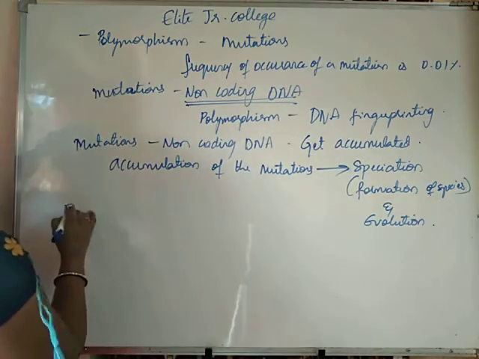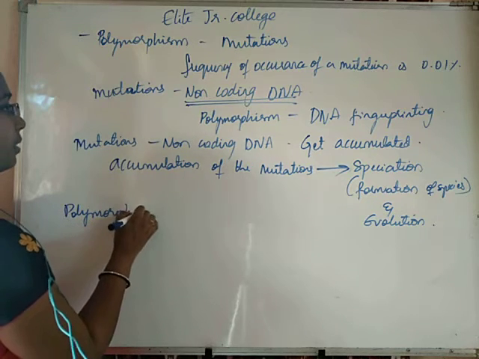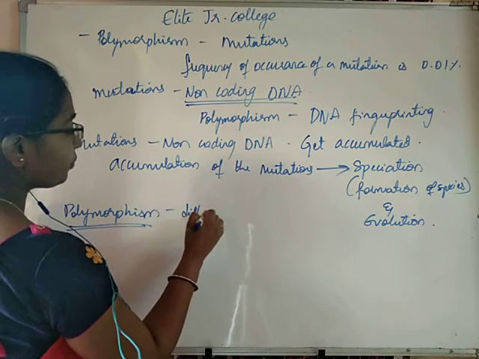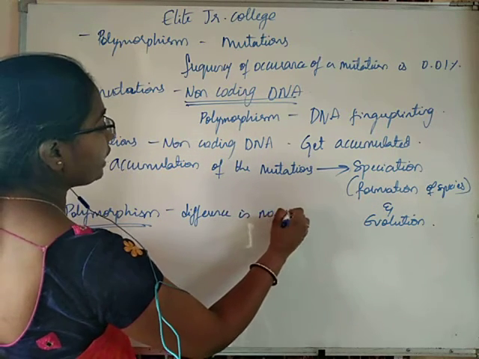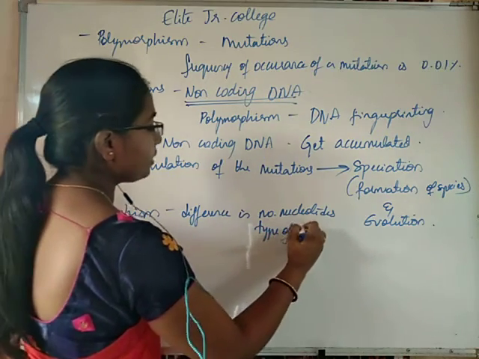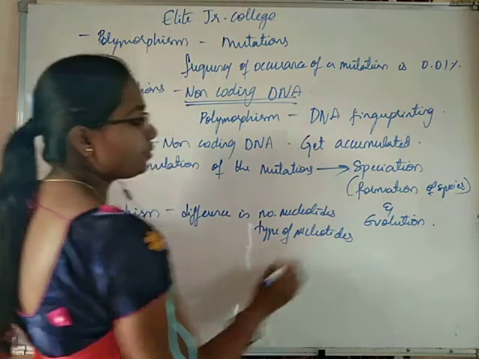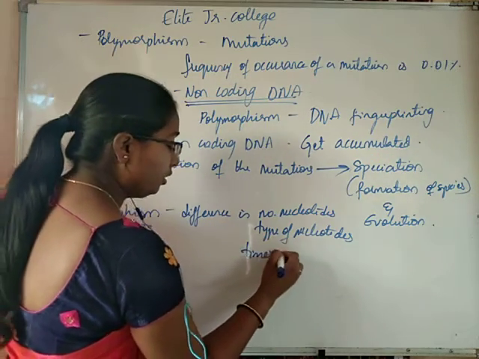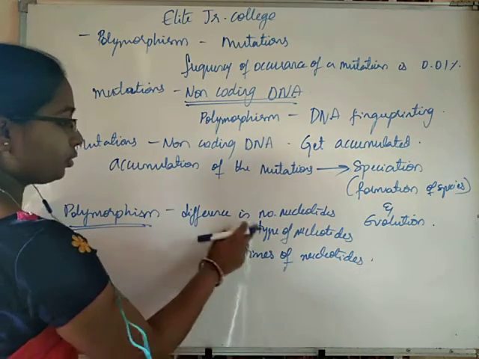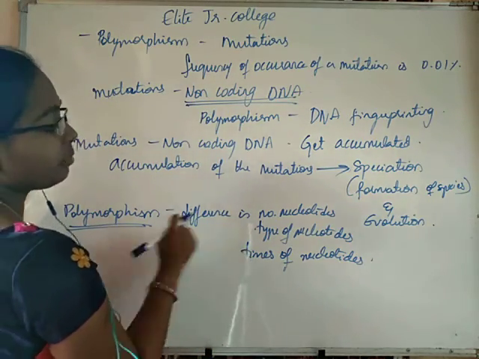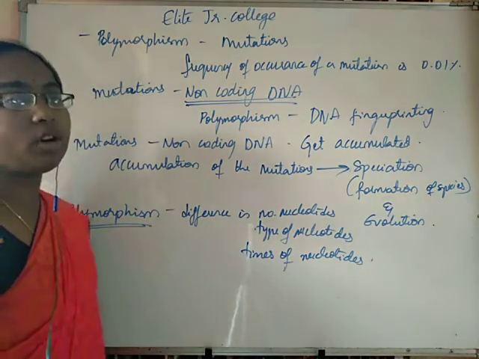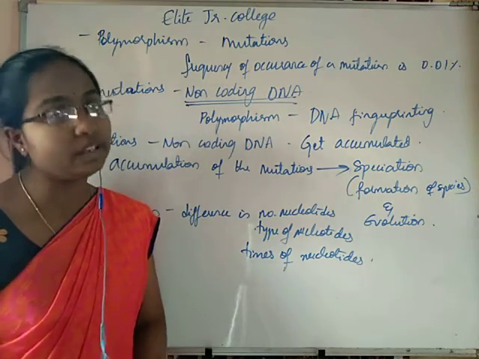Polymorphism means there are differences in the number of nucleotides repeated, type of nucleotides repeated, and number of times the nucleotides are repeated. There might be differences in any of these. Okay. So, this is polymorphism of the DNA, polymorphism of the repetitive sequences.